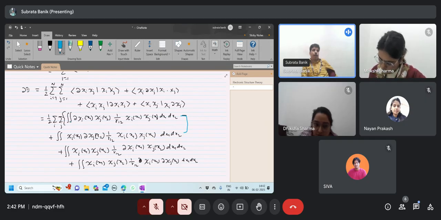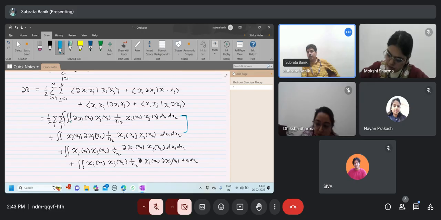So the second term you get chi j of x2, delta chi i of x1, 1 upon r21. r21 is exactly the same as r12, it's a distance. Chi i of x1 will become chi j of x2, and chi j of x2 will become chi i of x1. dx1 will become dx2, dx2 will become dx1. So the first two are exactly the same.